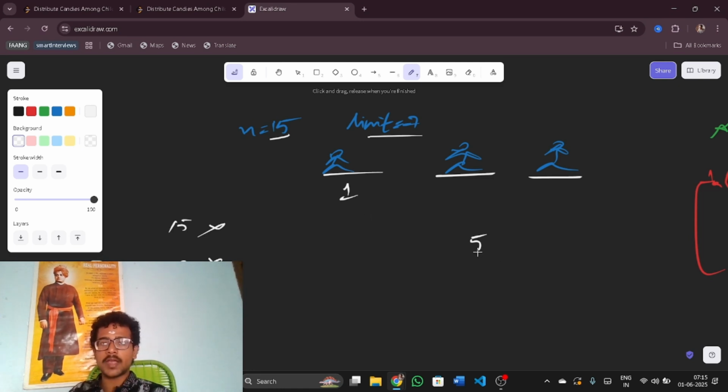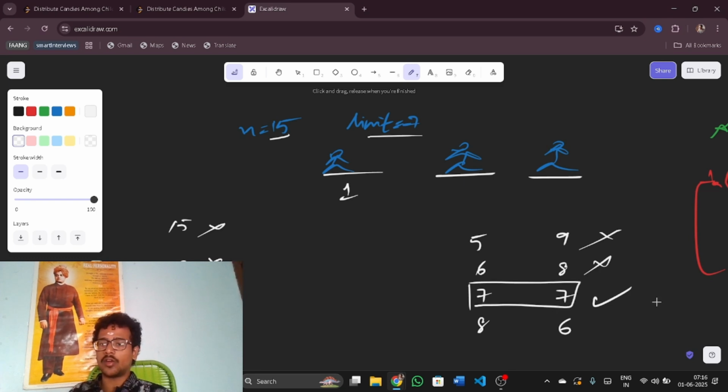If I give 5 candies, I am remaining with 9 candies, which is not possible because 9 is greater than the limit. If I give 6 candies, I have 8 remaining, and this is also not possible. I can give 7 and then 7. This is perfect. If I give 8, then I will be remaining with 6 candies, and 7 is the only combination that I got.